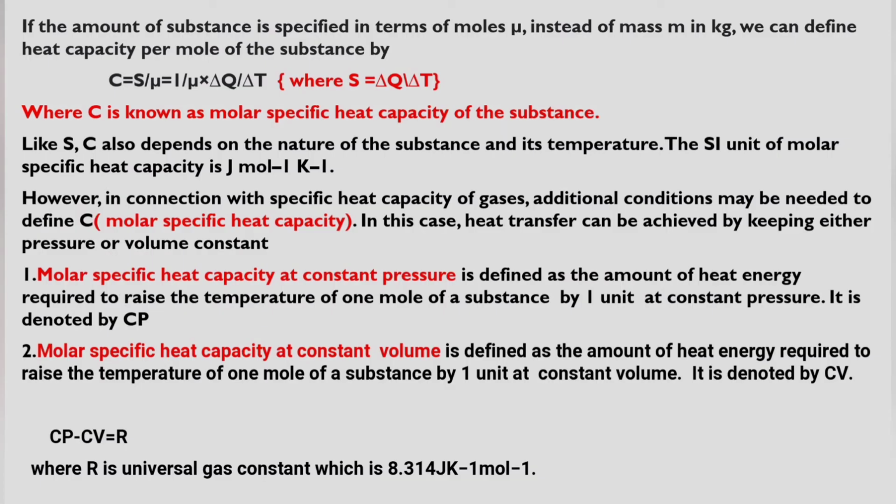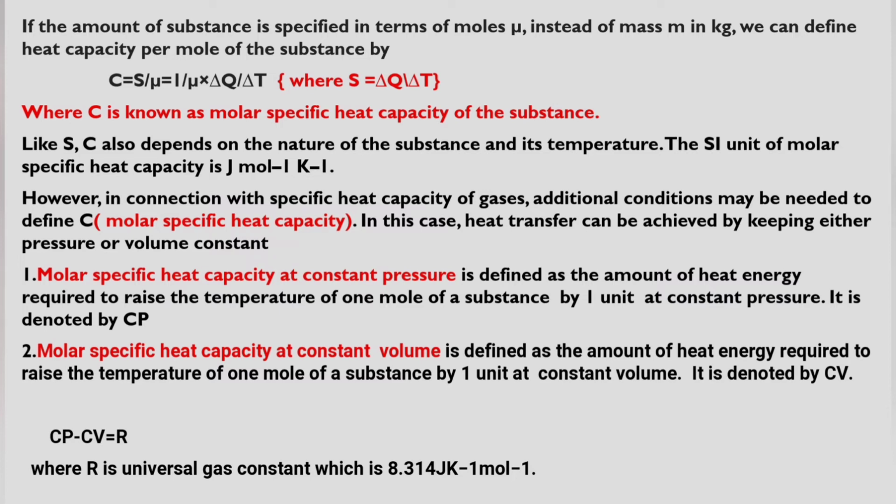Normally the amount of substance is given as mass in kg, but in some cases the amount of substance is specified in terms of moles. Then we can define the heat capacity per mole of a substance by capital C, equal to S upon mu.